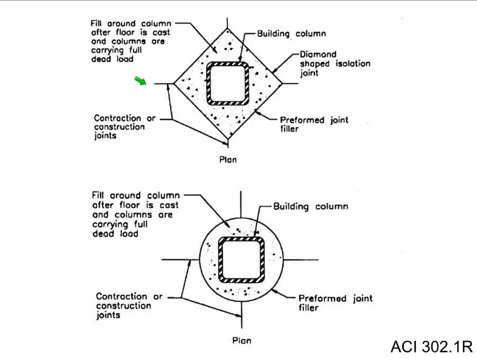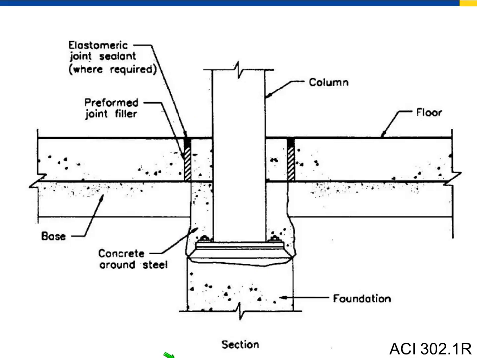So we're not going to have that high stress at any location. In this case, since it's circular, we have a round region, so again, we're not going to have a re-entrant corner. And this is a shot of what it looks like from the side. We have a fill material, so there's an actual isolation of our column from the surrounding slab.